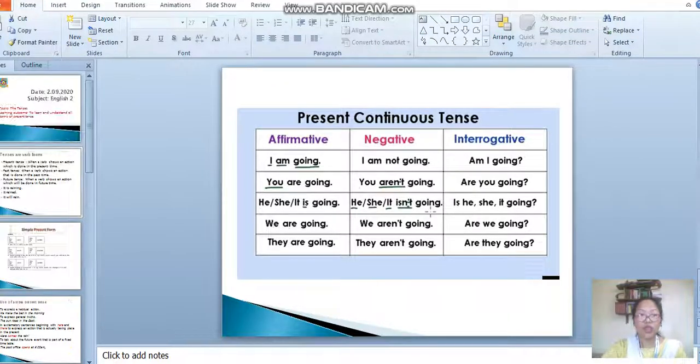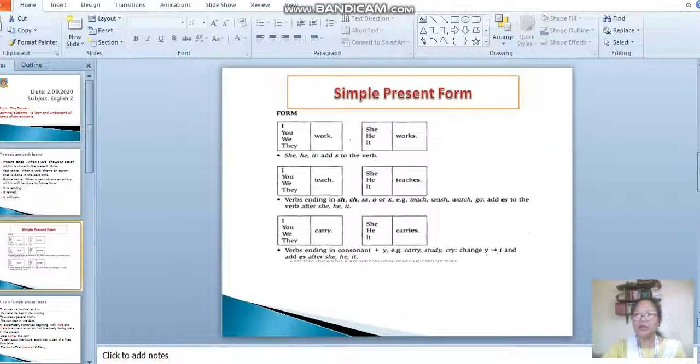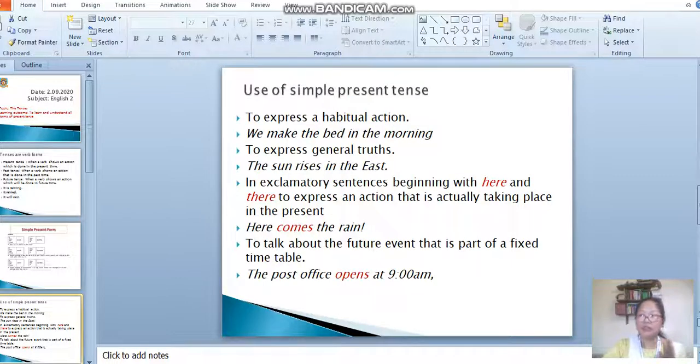So children, today we have learned what is present tense, past tense and future tense. We have learned how to use simple present tense, the form of the verb in first person, second person, third person singular, and third person plural, and the uses of simple present tense.